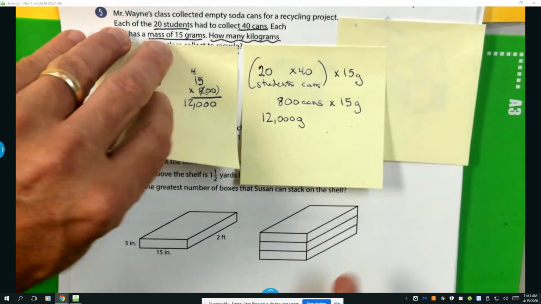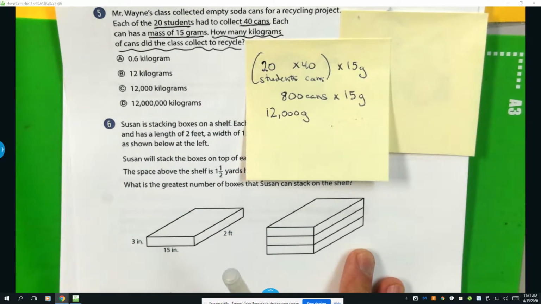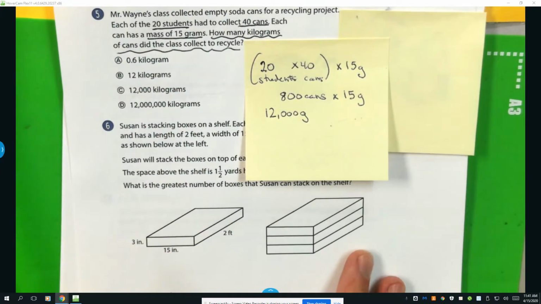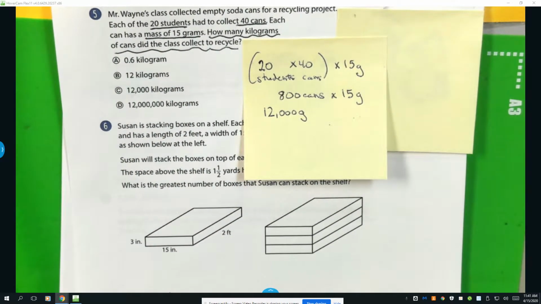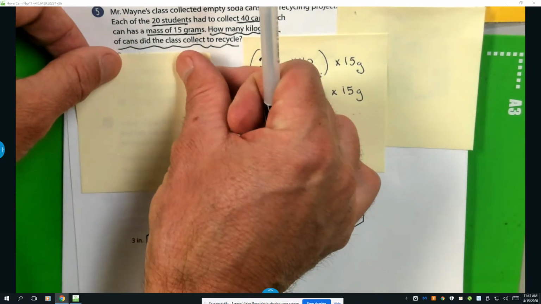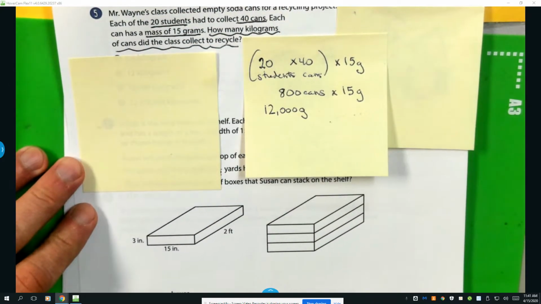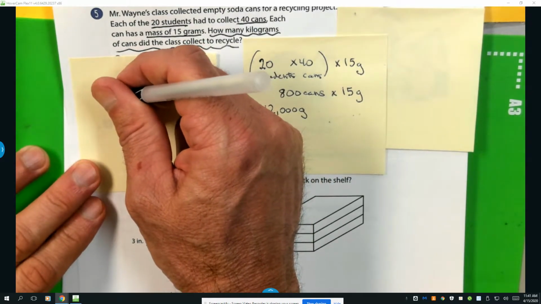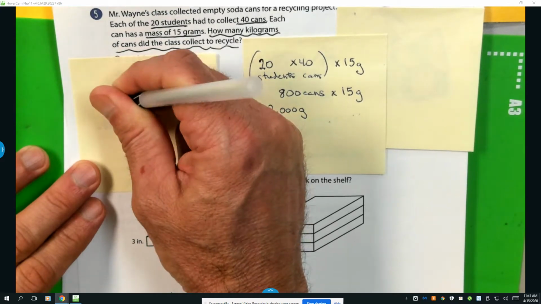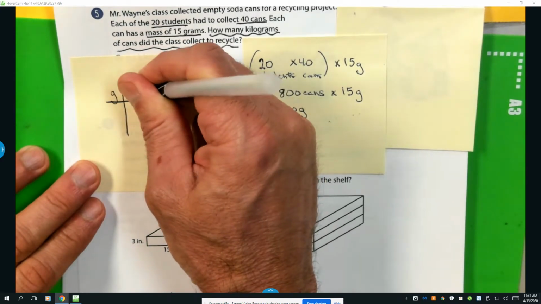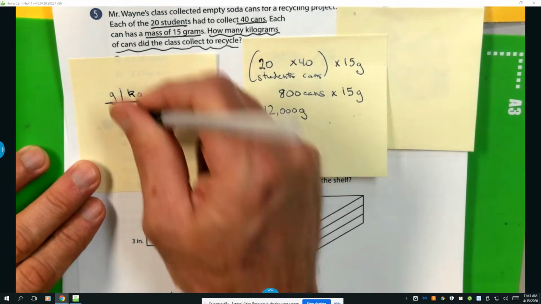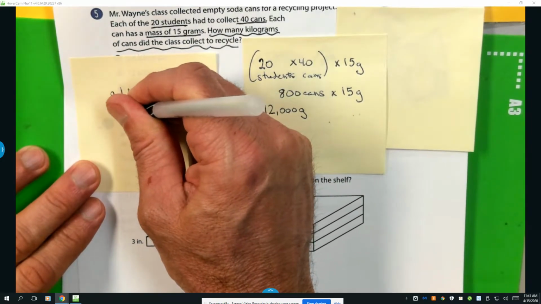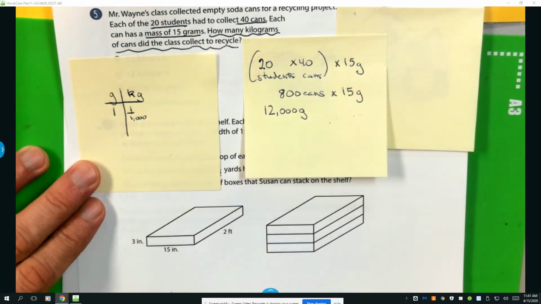grams. Now, this question is essentially asking me how many kilograms of cans did the class collect to recycle? Now, think about what kilograms to grams are. Okay, so if I went grams to kilograms, 1 gram is just 1/1000th kilogram.